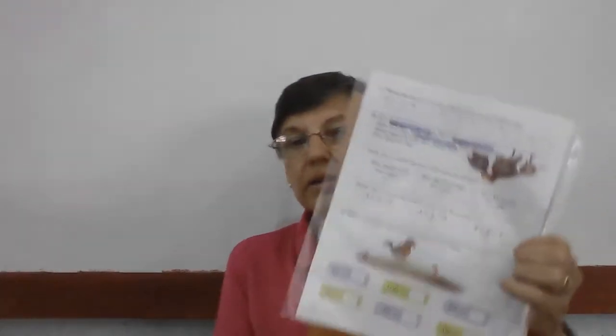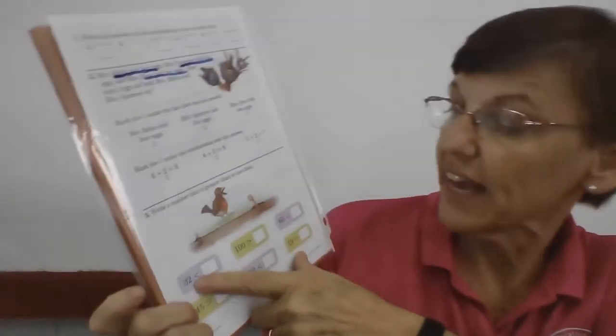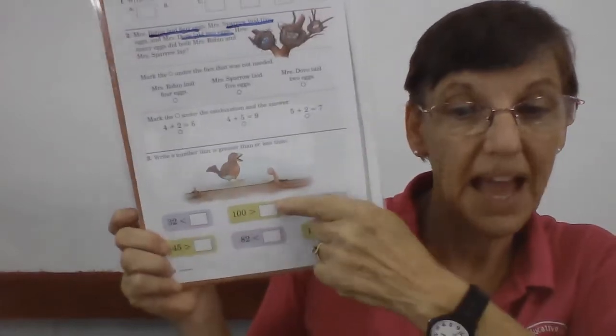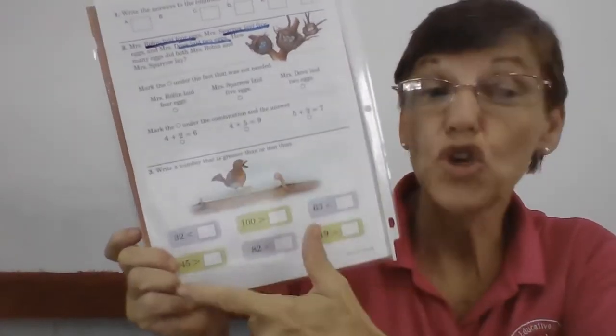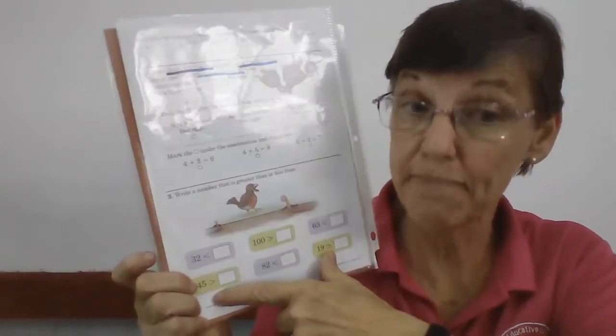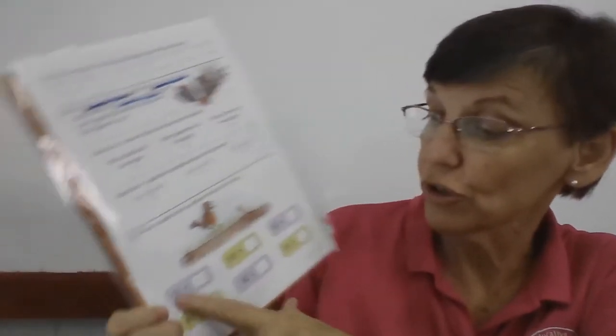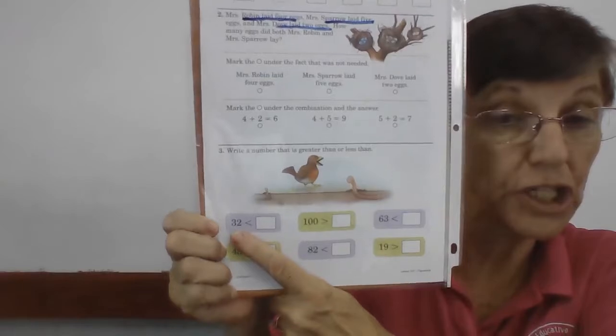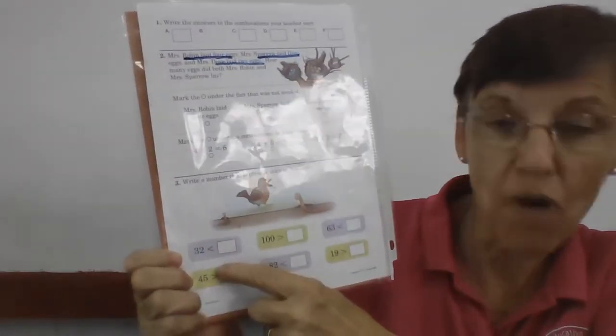Now, down here, how smart are you today? They give you numbers and a box. You can put any number you want in there as long as it makes a sentence that is true. So you see this number here, 32, and you see this arrow.